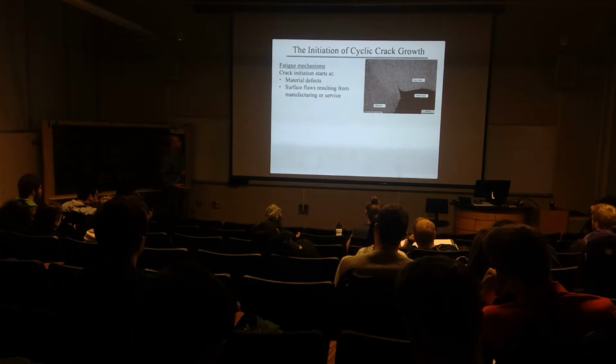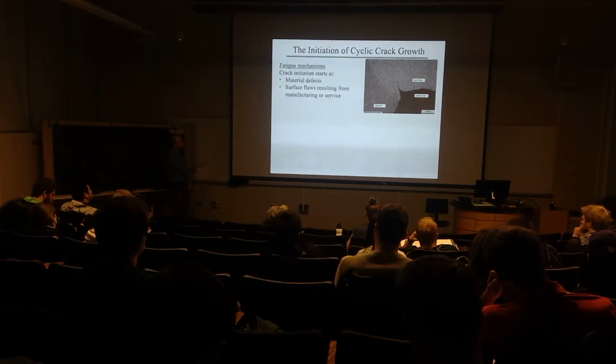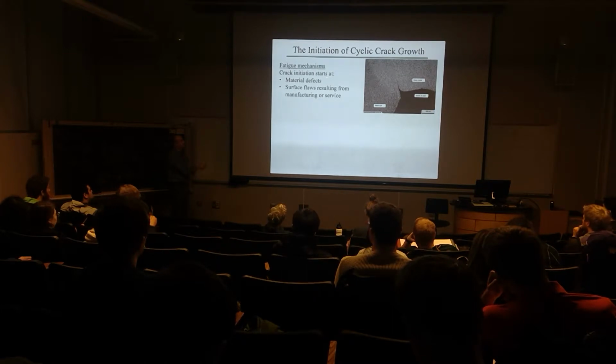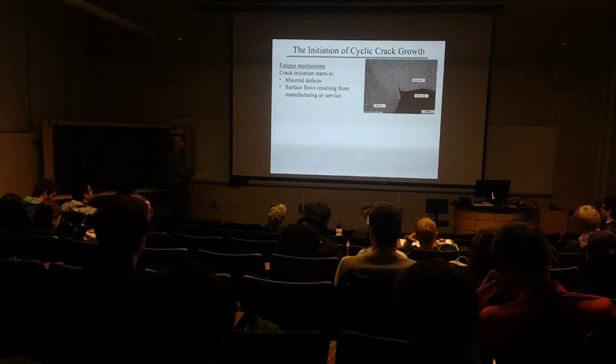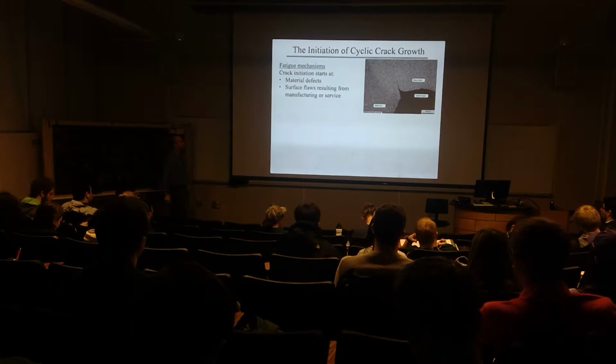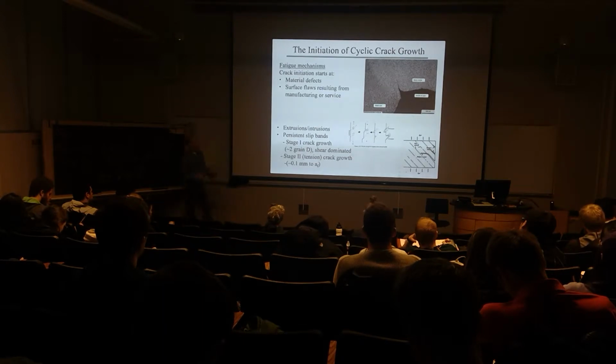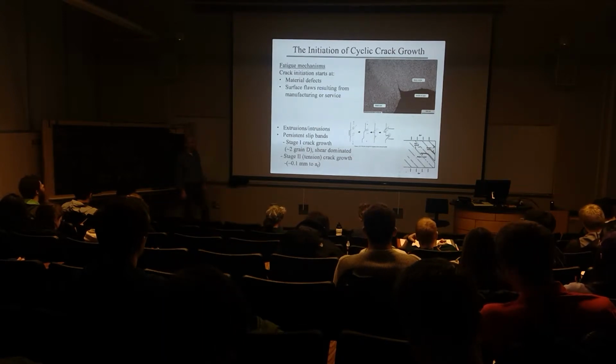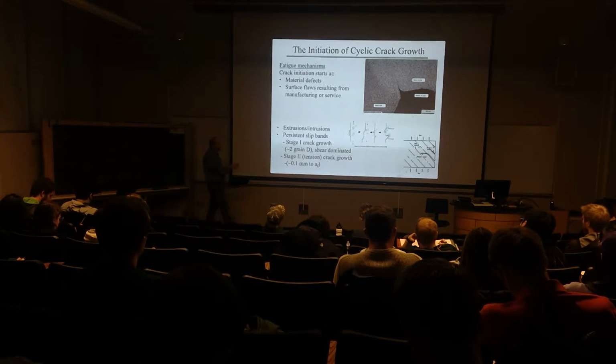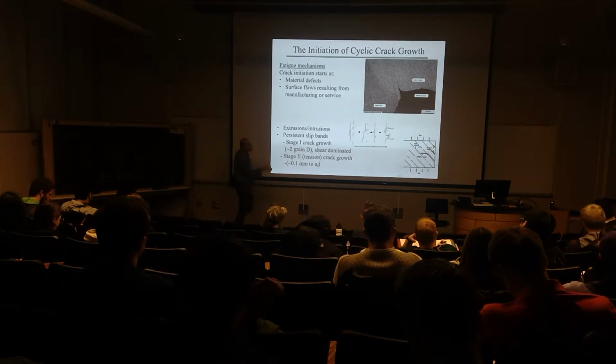All right, so we can have flaws that were present in our structure from a lot of different sources. They can be intrinsic material defects, so they can be inclusions, they can be voids, etc. They can be surface flaws that result from either manufacturing or service. Or what can happen is as a result of relatively large overloads that cause plastic deformation, we can get the development of what's called extrusions or intrusions.